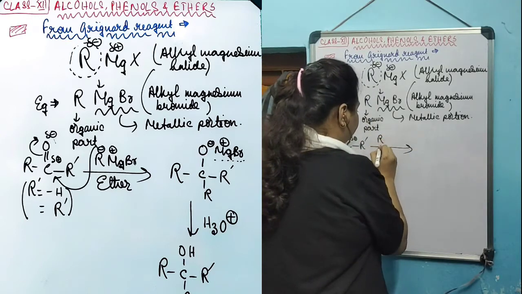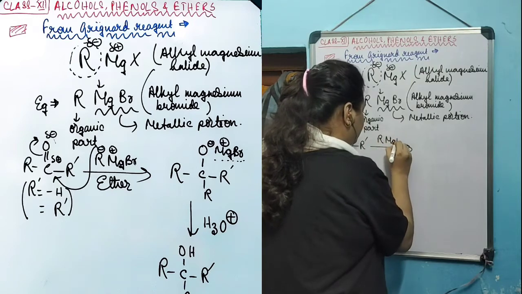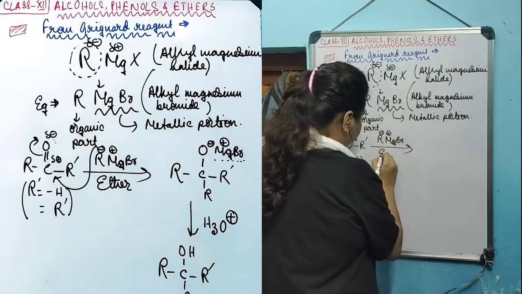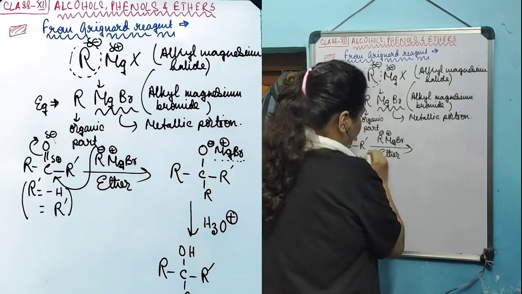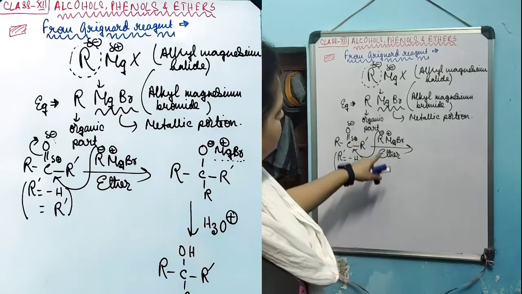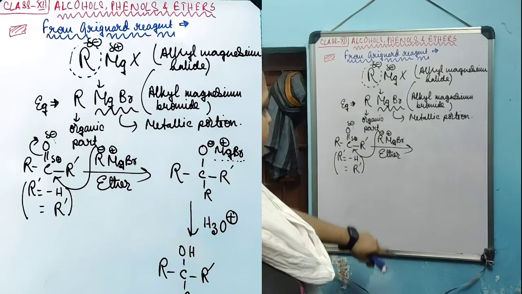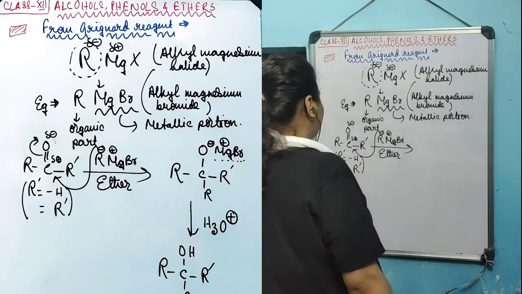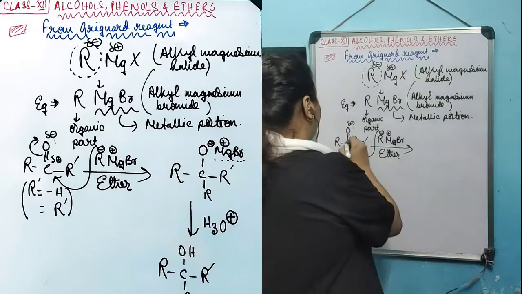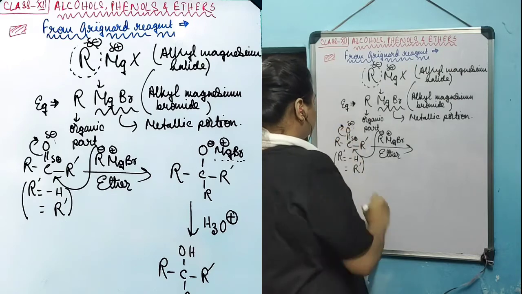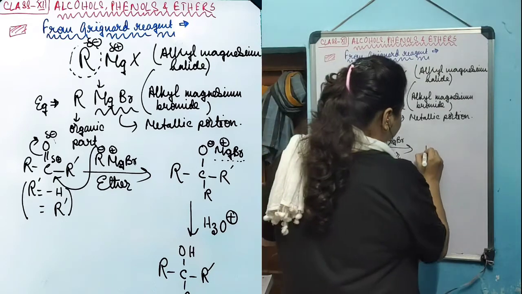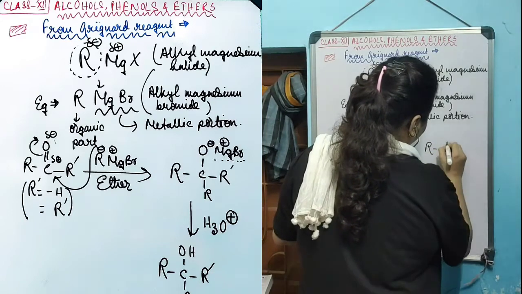When Grignard RMgBr is subjected to this kind of reaction in the presence of ether medium, the negatively charged alkyl group attacks the partially positive carbonyl carbon, and as a result the double bond is opened onto the oxygen atom, producing this kind of intermediate.